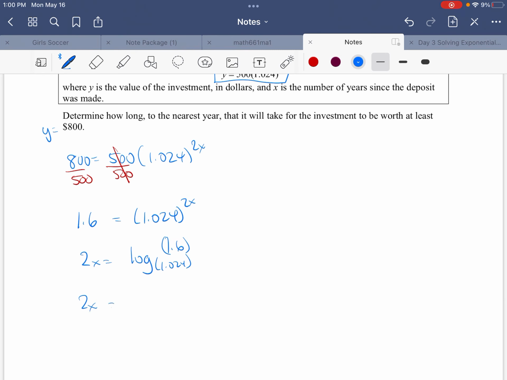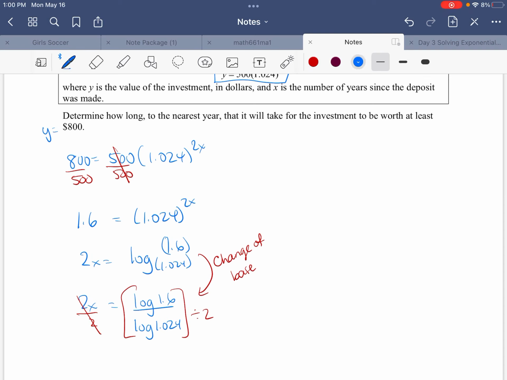And 2x is equal to log 1.6 divided by log 1.024. That's the change of base. Okay. And then finally, we're going to divide each side by 2.